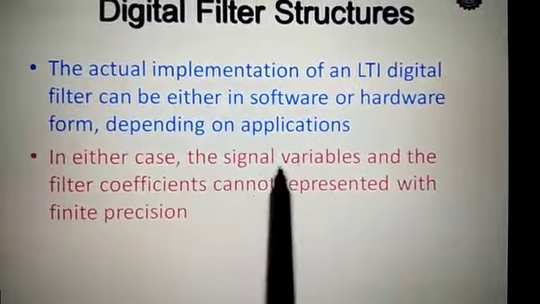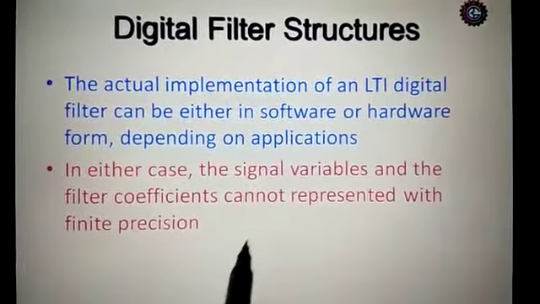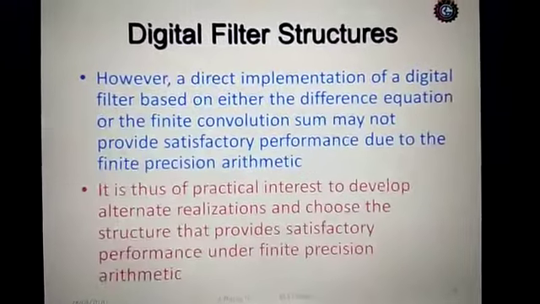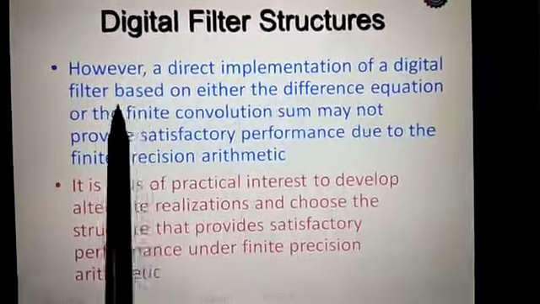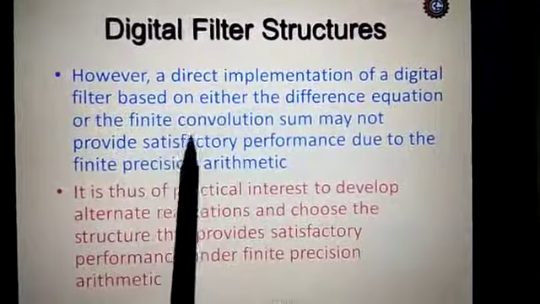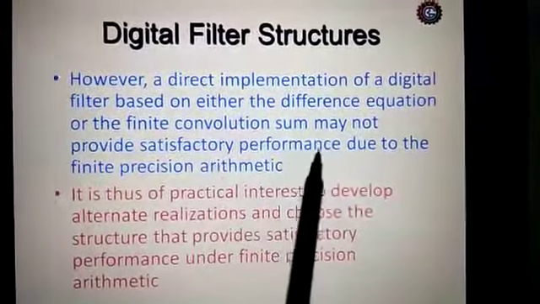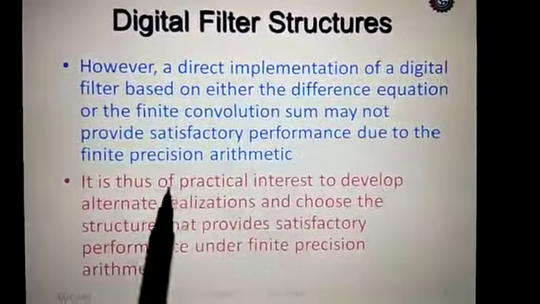In either case, the signal variables and the filter coefficients cannot be represented with finite precision. However, a direct implementation of a digital filter based on either the difference equation or the finite convolution sum may not provide satisfactory performance due to the finite precision arithmetic that already we have seen.